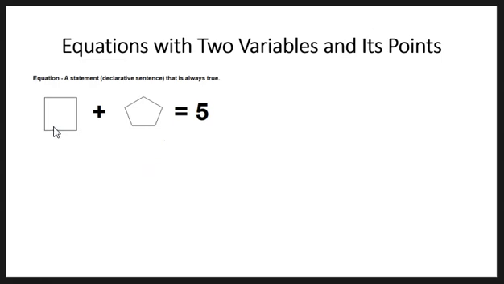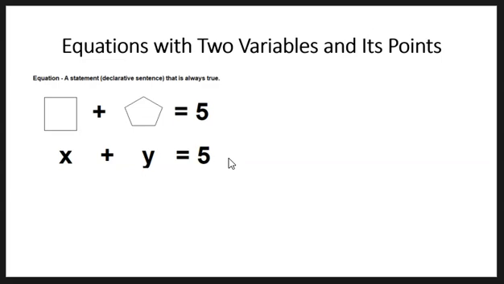So basically, we are being asked to find 2 numbers that when you add, will give you 5. Now, in algebra, we don't use geometrical shapes, so we're going to use variables. Because I have 2 missing numbers, I'm going to have 2 variables in this equation. The box will be x, the 5-sided shape, the pentagon, will be y. And again, this equation is basically asking you to find 2 numbers so that when you add, the answer is 5.